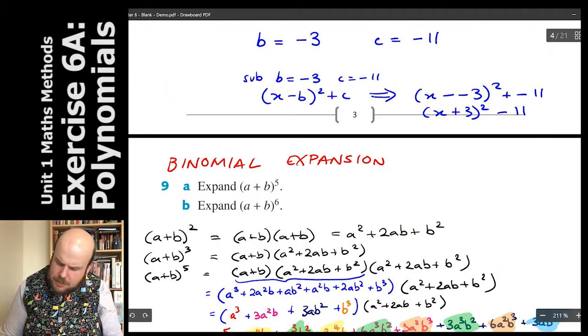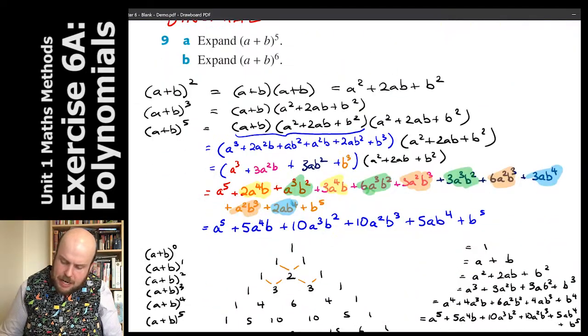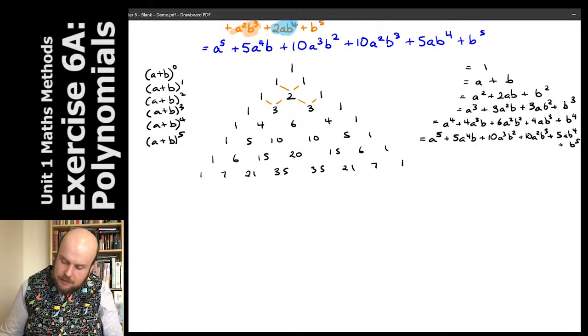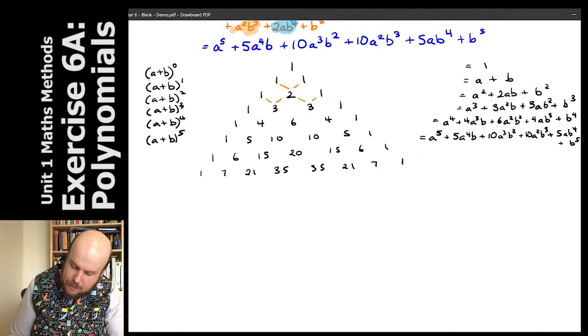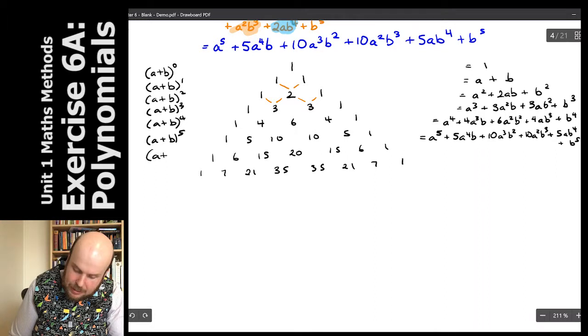The other question I think this said is we needed to expand a plus b to the power of 6. Well, there we go. We can do that based on there's a plus b to the power of 6 right there.